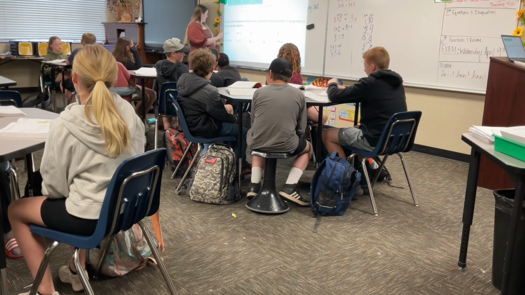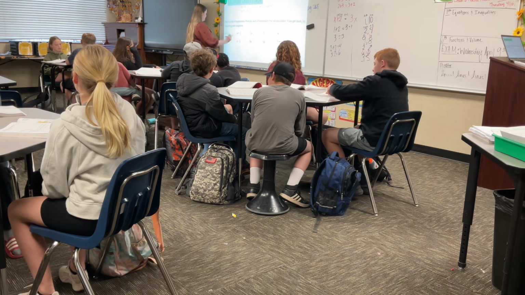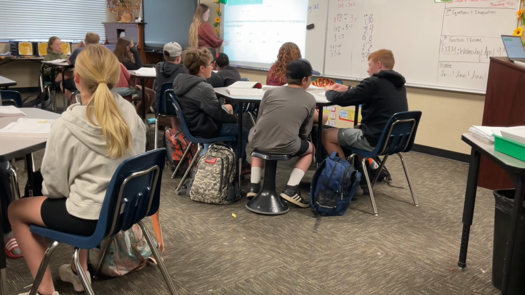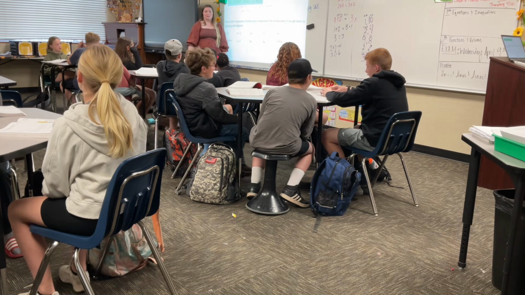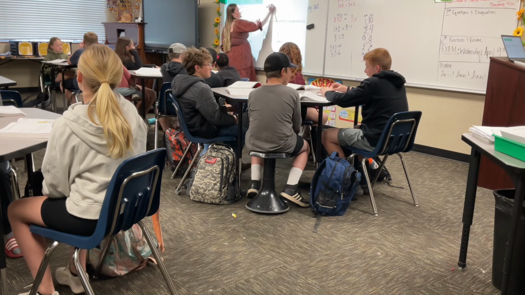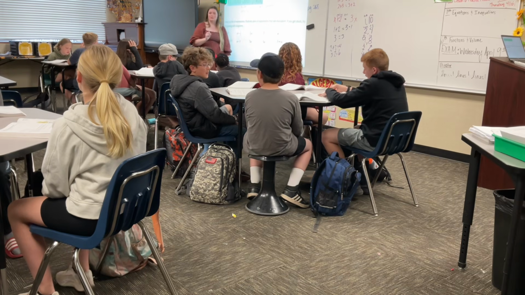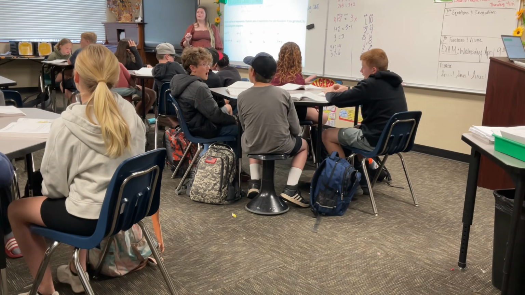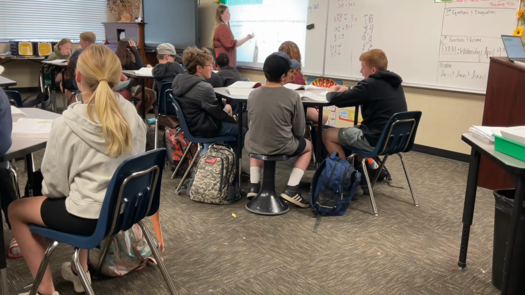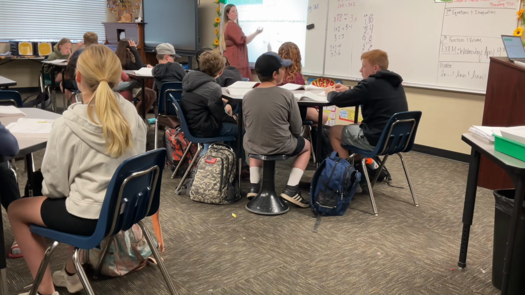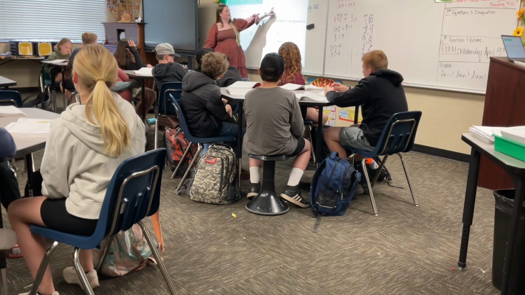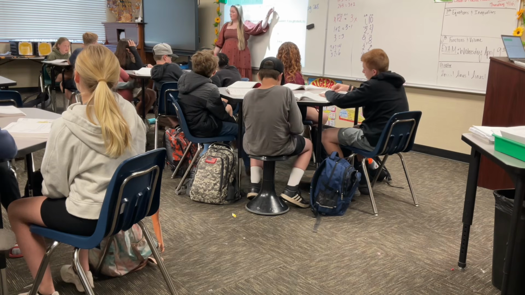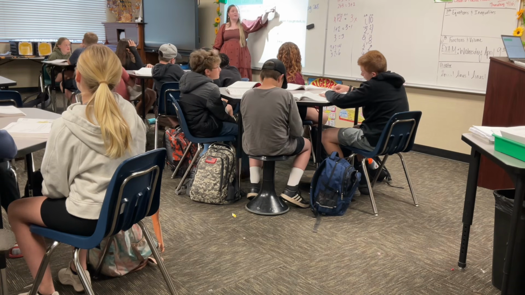Okay, do we have another one we think is equal to that one? Because we're missing one. Anila? 3A. There's an invisible multiplication sign, right? Our 3 is our what number? Our coefficient, and A is our variable.